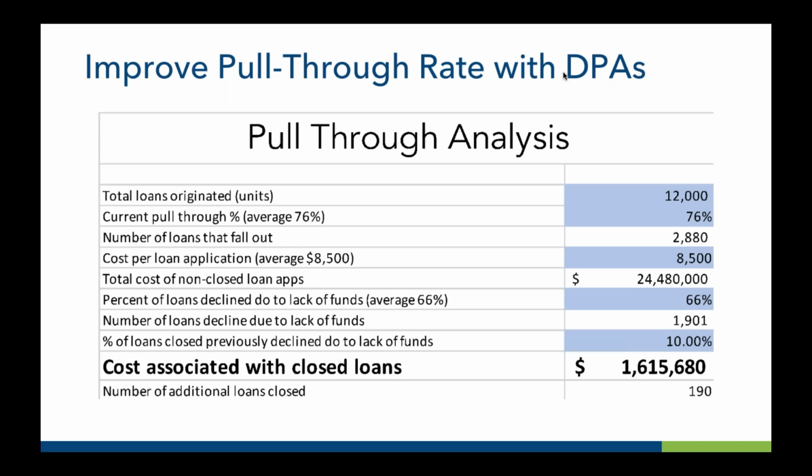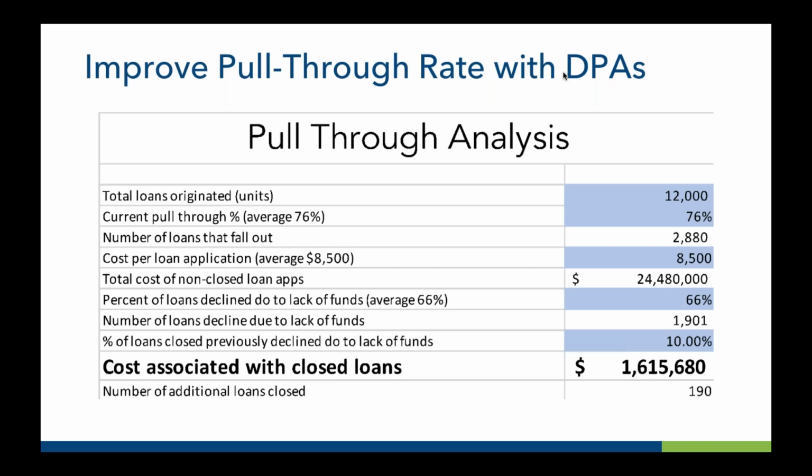So then you have the fallout, and then you've got your average costs, $8,500 per loan app. Now that varies. I actually saw $9,200 last week. So maybe that's a little more current, but it's somewhere between $8,000, $8,500, $9,000 per loan app to manufacture that loan app, right? That's a lot of cost, especially if it was sunk originating, processing, underwriting, and then not recouped by having closed that loan.